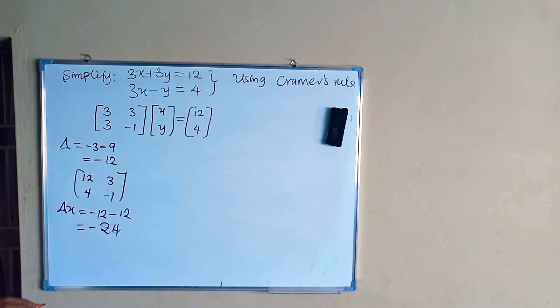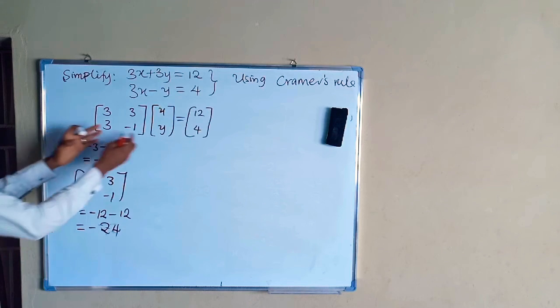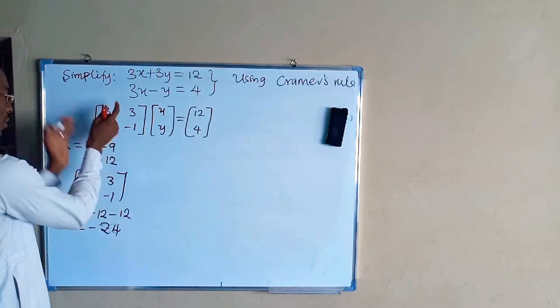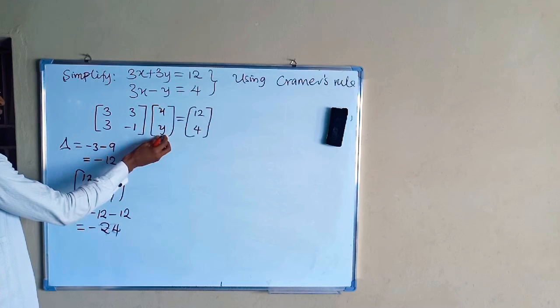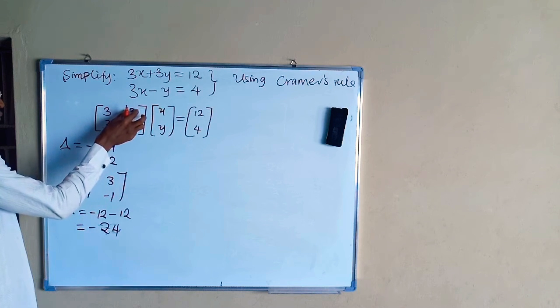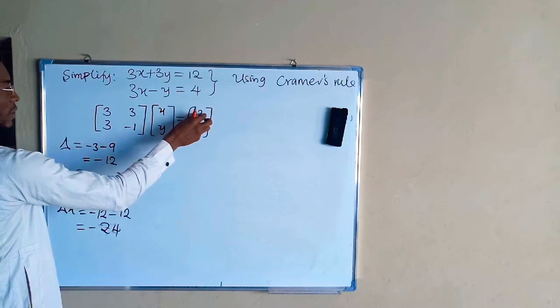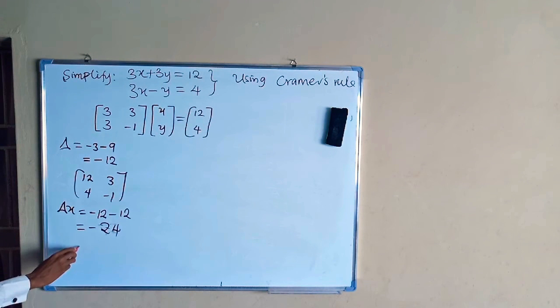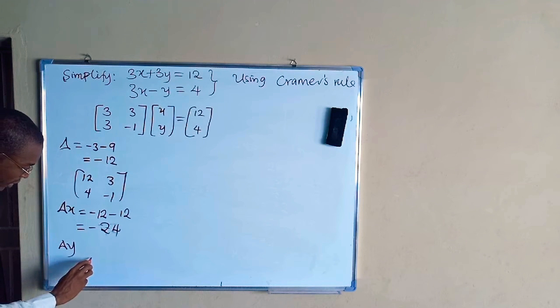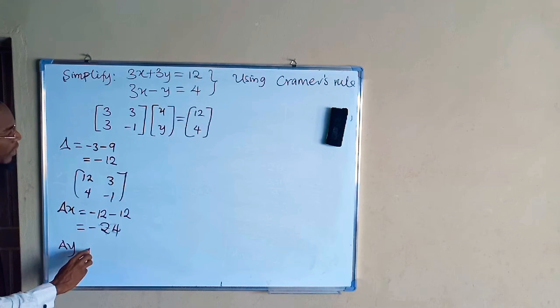Then again, you find the determinant of the matrix with respect to y. So this time around, you substitute the coefficients of y with the constant terms, for delta y. You form it using 3 in the first column.